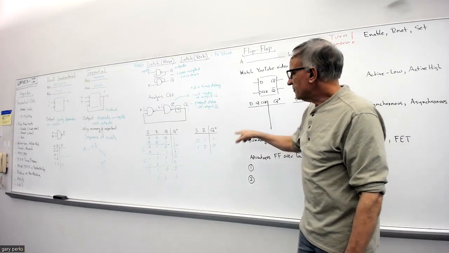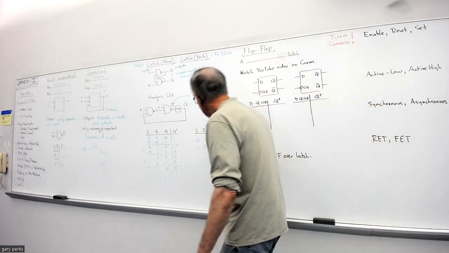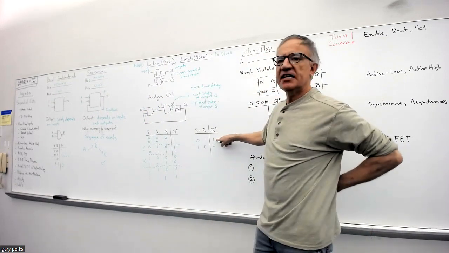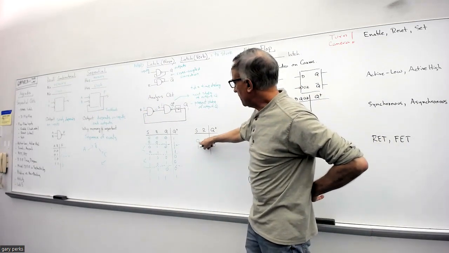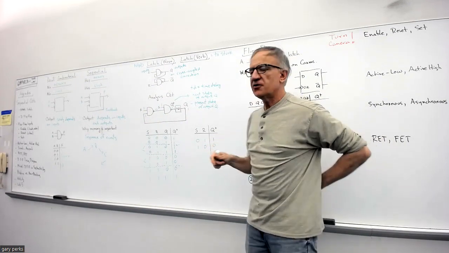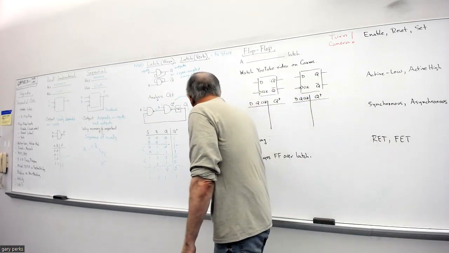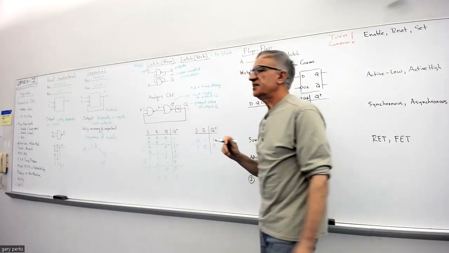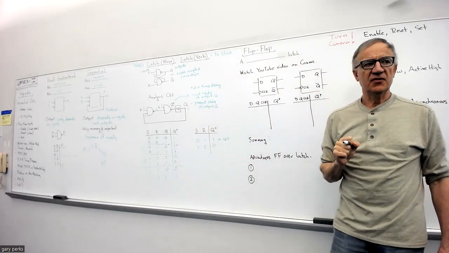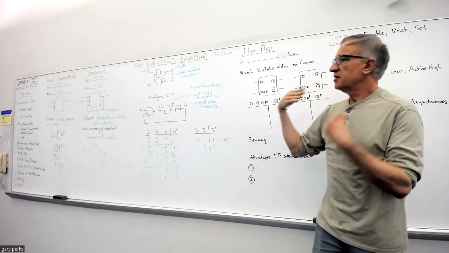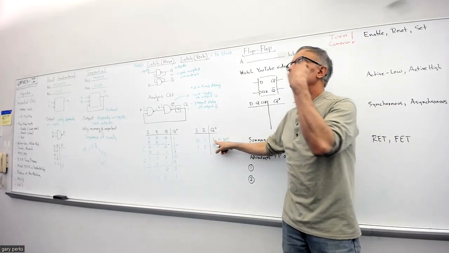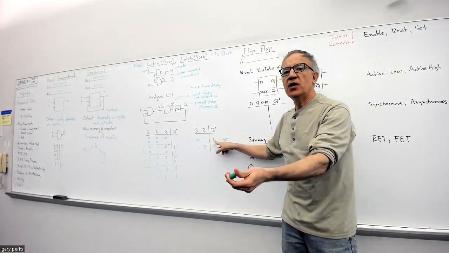Now, when we have this condition here, when the next state of Q is going to equal 1, when S is 0 and R is 1, we call this the set condition. And what set means here is that the next state of Q is 1.